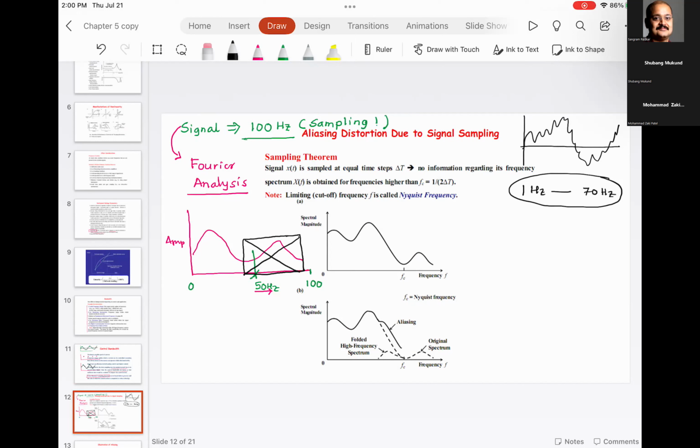Now, what do you mean by sampling? Basically, you take a teeny tiny snapshot. 100 hertz means 100 times a second, 1 divided by 100, which means 0.01.